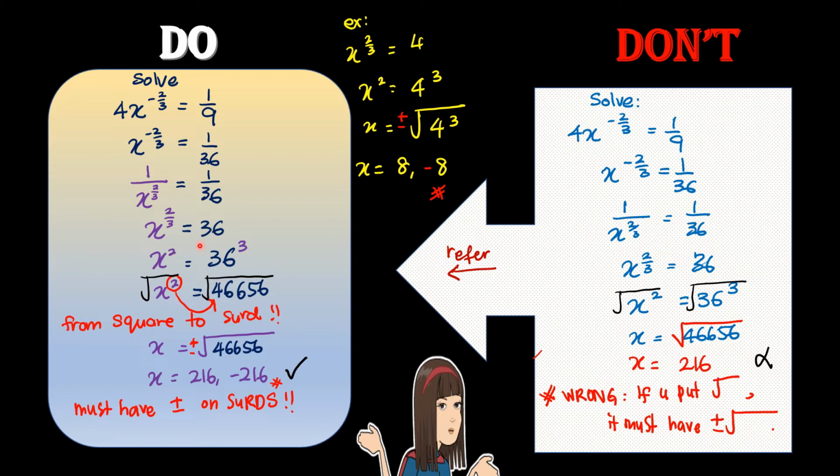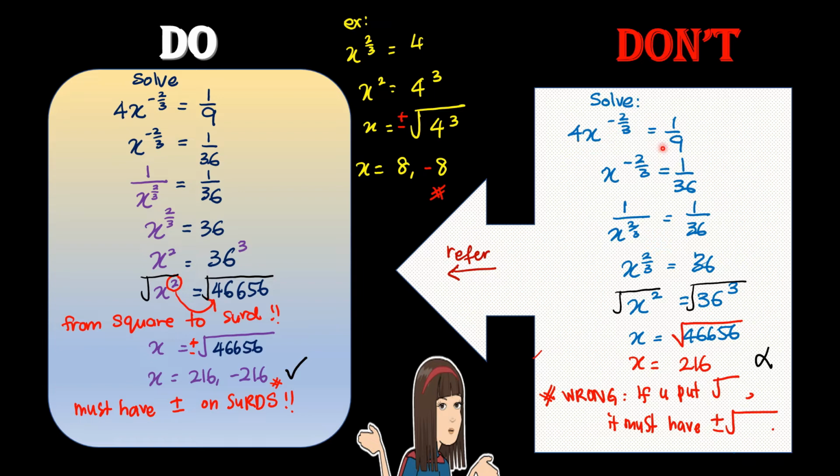For power of 2, if you bring it to the other side, it will be square root, and you can put square root on both sides. When you put square root on both sides, this one is cancelled. When you put square root, you have to put plus minus. That's why your answer has plus minus on the square root. From square to square root, it will be plus minus.